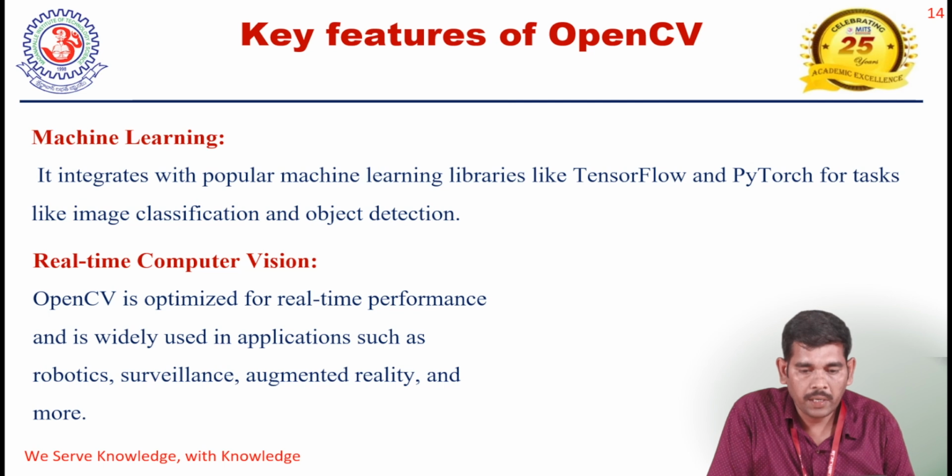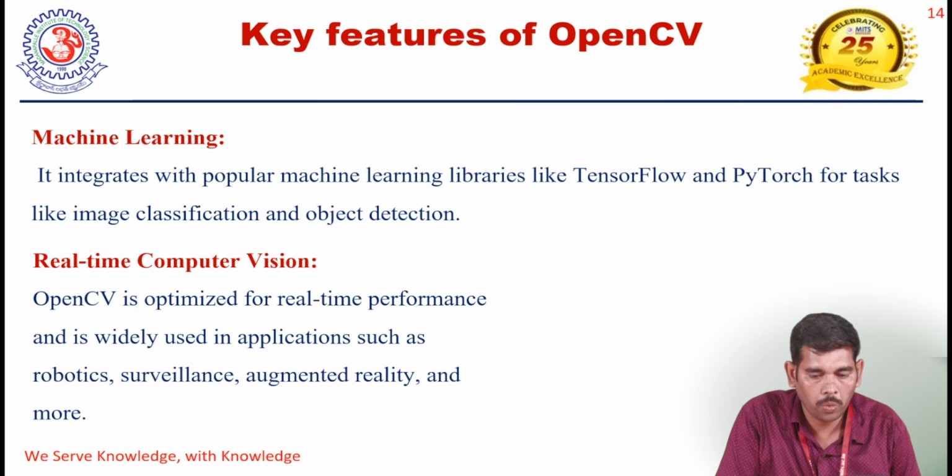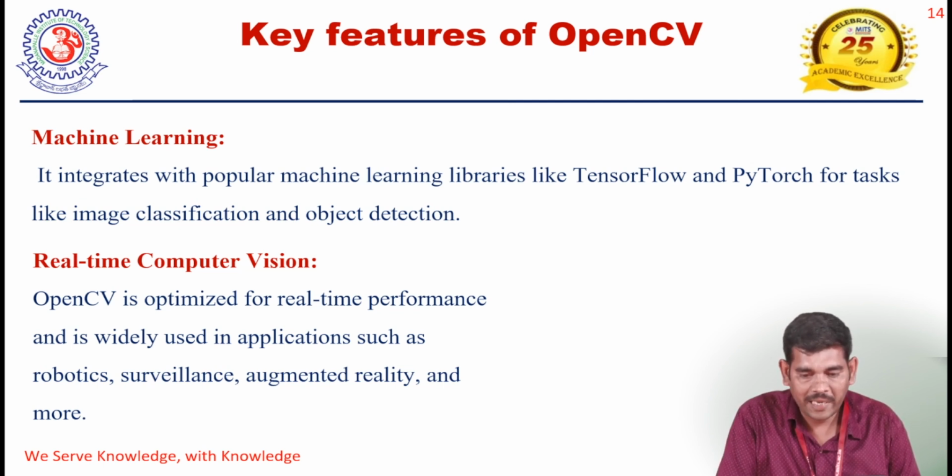It's integrated with popular machine learning libraries like TensorFlow, one of the famous libraries, and PyTorch, for tasks like image classification, object detection, and real-time computer vision. OpenCV is optimized for real-time performance and widely used in applications such as robotics, surveillance, augmented reality, and more.